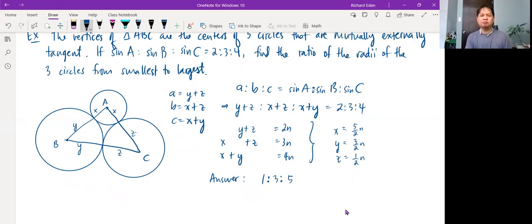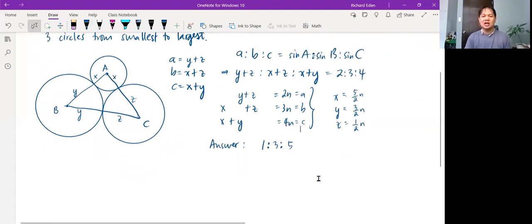So actually, what we're saying here is that 2n is A, this 3n is B, which is X plus Z, and then X plus Y is C. If what we're provided with are the values of A, B, and C, you can solve the system for X, Y, and Z. The method that you did works just fine here.